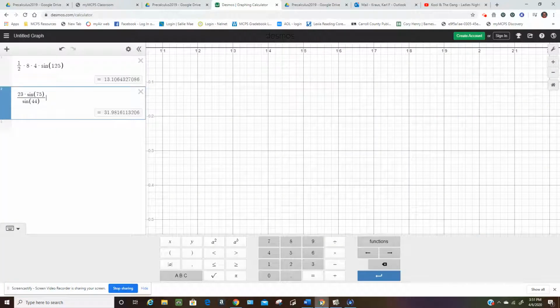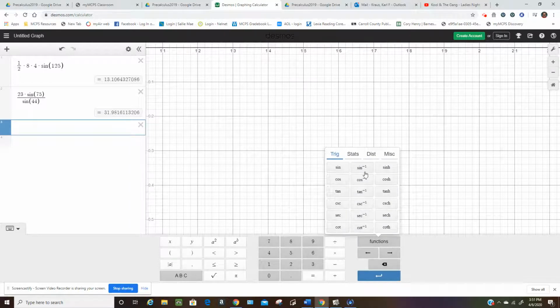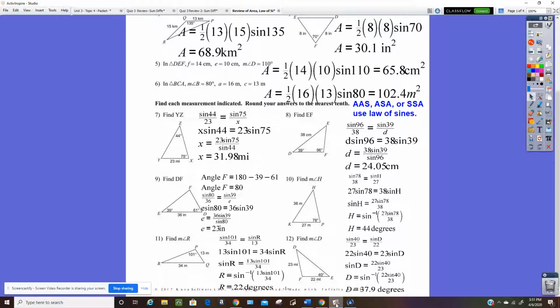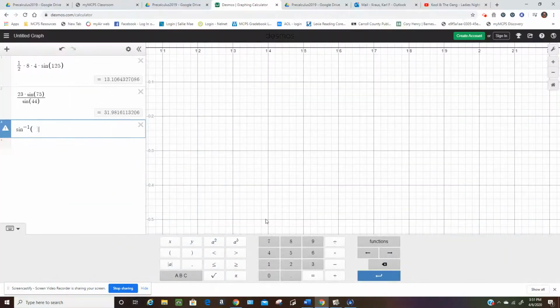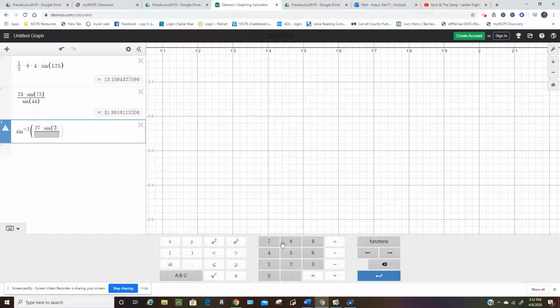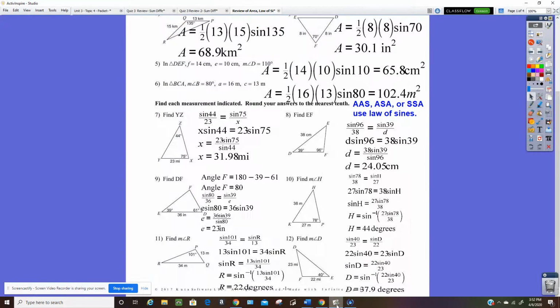So I'm going to the inverse sine, 27 times sine of 78, and then in the denominator is 38.